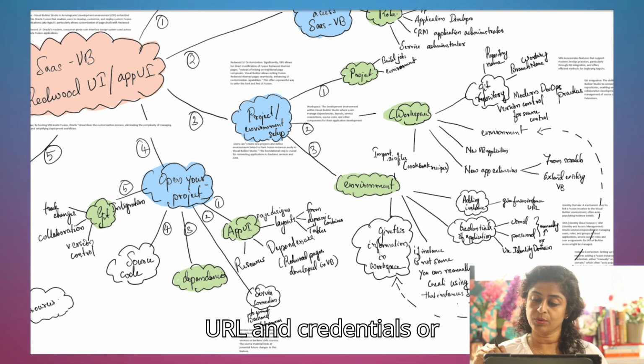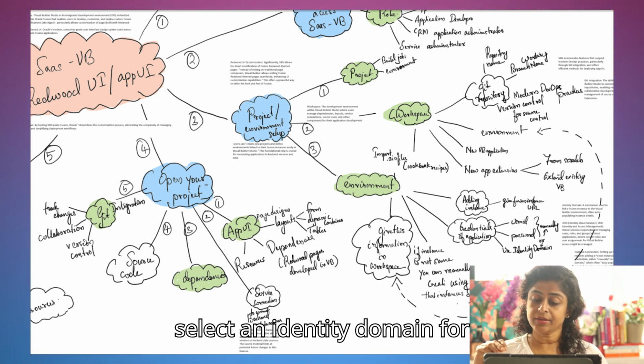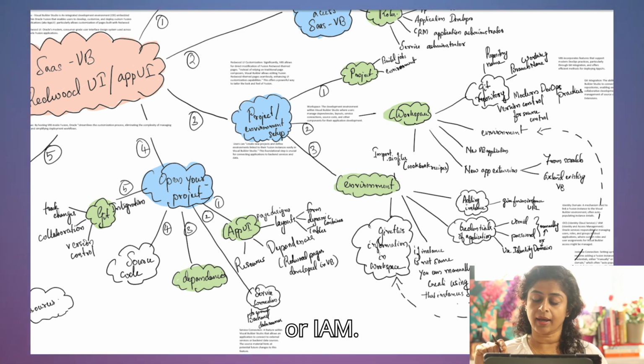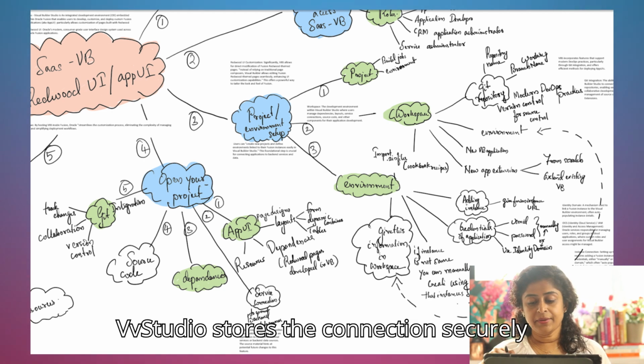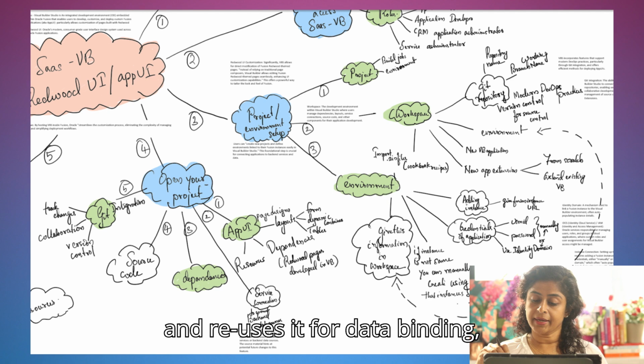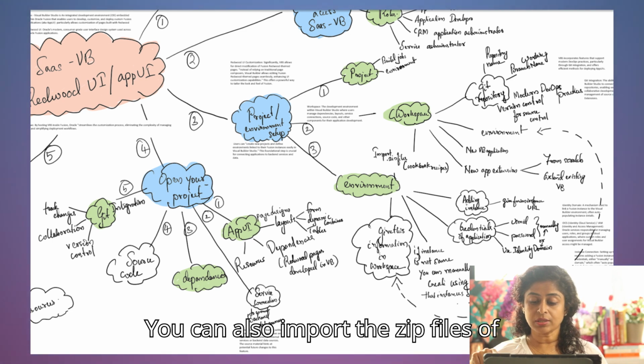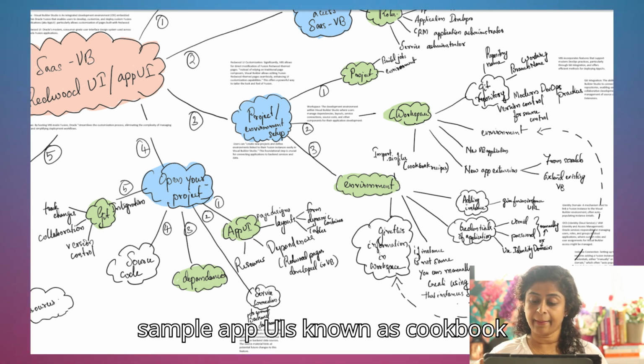Provide the Fusion base URL and credentials, or select an identity domain for auto discovery powered by IDCS or IAM. VB Studio stores the connection securely and reuses it for data binding, deployment, and pipeline steps. You can also import the zip files of sample app UIs known as cookbook recipes.